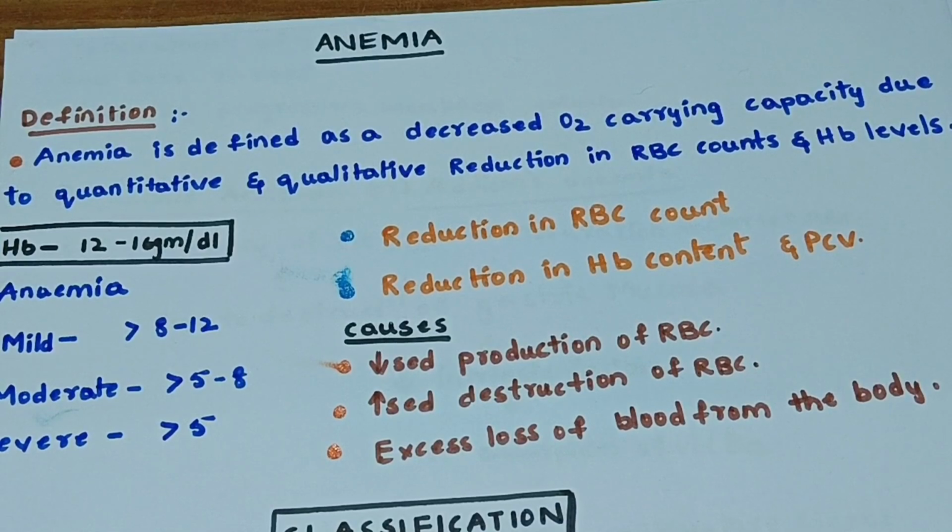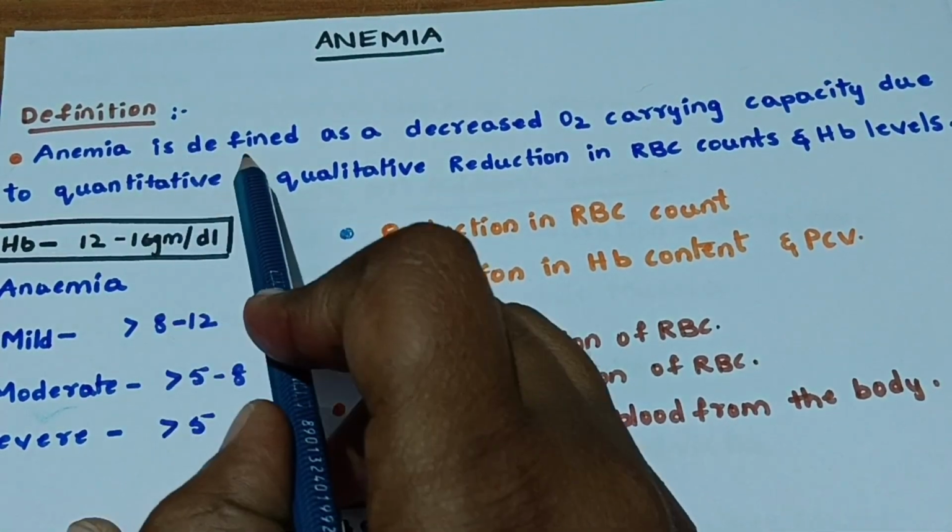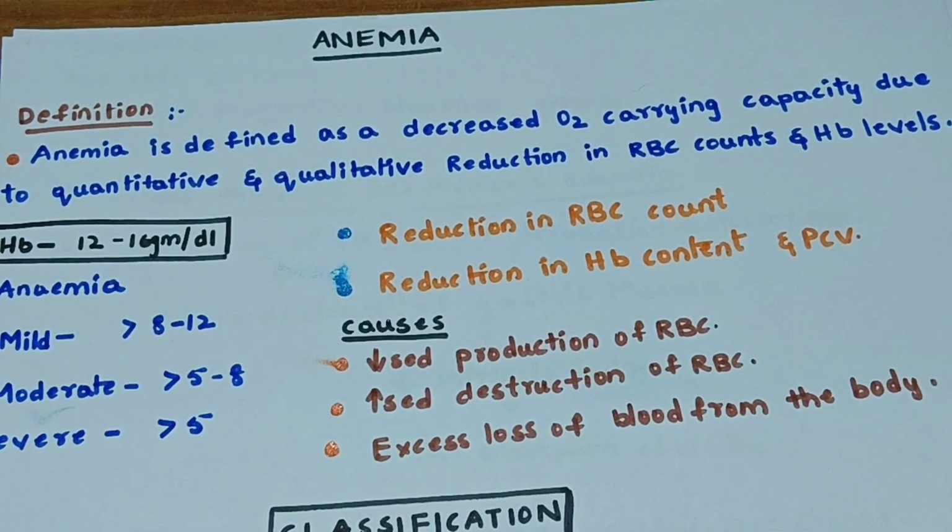Today we are going to see anemia. So what is anemia? Anemia is a symptom of blood disorders. It is defined as decreased oxygen carrying capacity. It occurs when the oxygen carrying capacity is decreased, due to quantitative and qualitative reduction in RBC counts and HB levels.